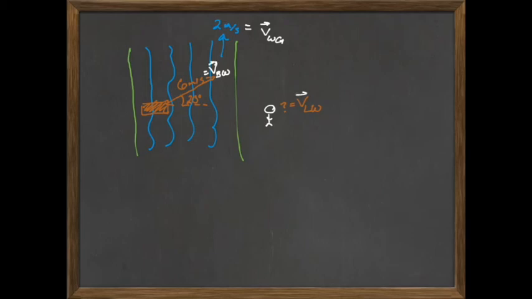The 6 meters per second is the velocity of the log to the ground. And the velocity of the log to the water is what we're looking for. So we've got 3 different velocities here.